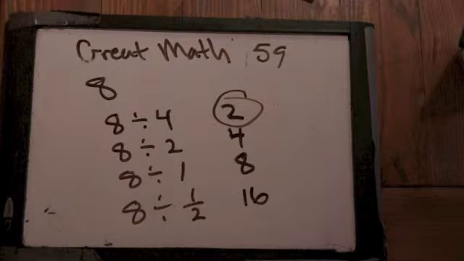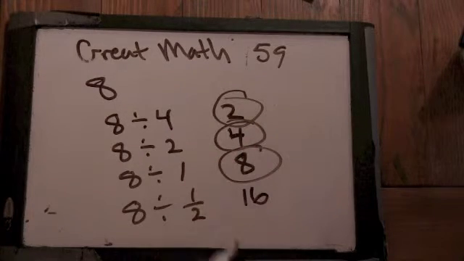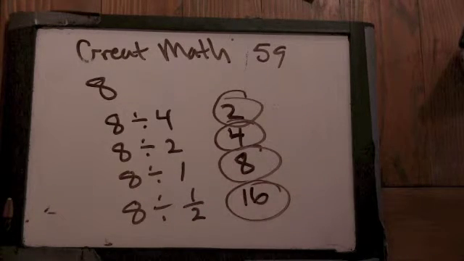That means something times 2 is 8, so 4. And something times 1 is 8, so 8. And something times a half is 8, so 16. There you go. 16 times a half is 8.